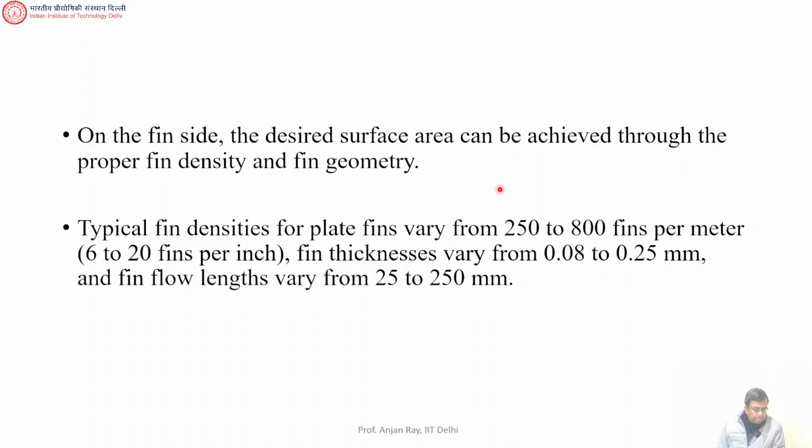Then the fin densities for these plate fins vary from 250 to 800 fins per meter. And fin thicknesses vary between 0.08 to 0.25 millimeter, and fin flow lengths vary from 25 to 250 millimeter.